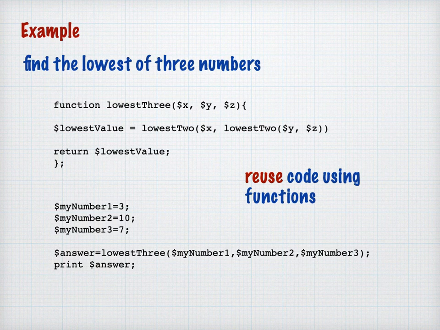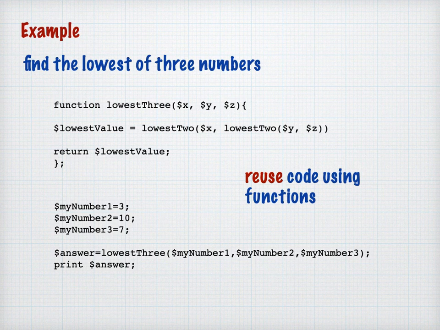First thing we'll do is we'll work out which is the lowest of y and z, and then we use that to calculate which is the lowest of x and those, just by calling lowest 2 over and over again. And then we return the value. And this is an elegant demonstration of the whole point of functions, that you really want to be able to reuse code, trying to stop repeating code over and over again.